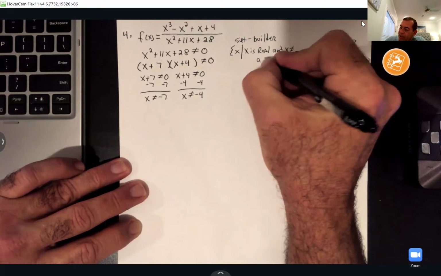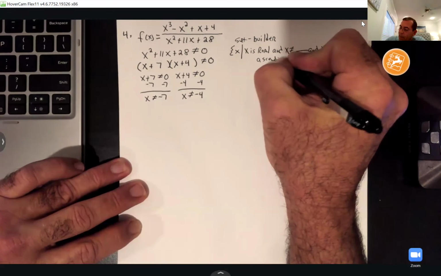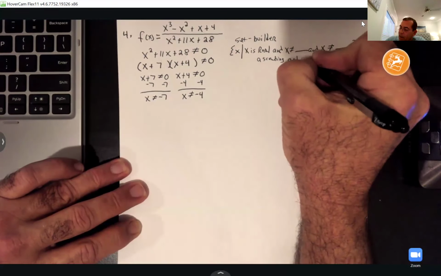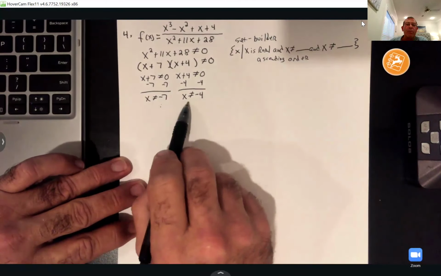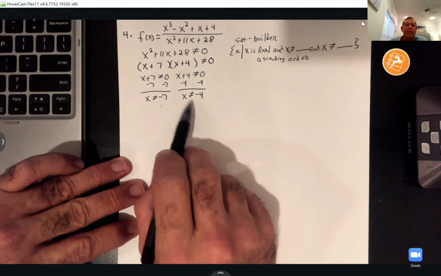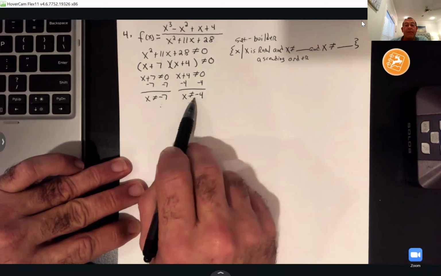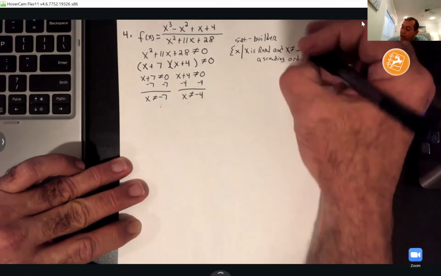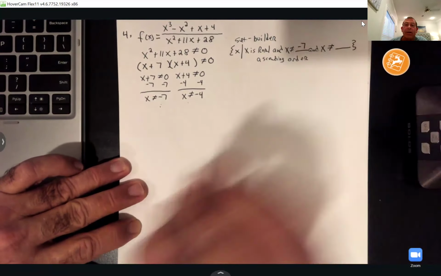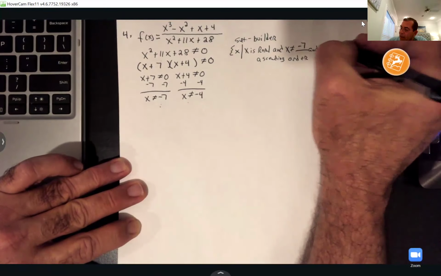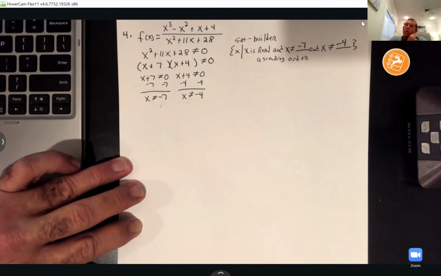And under it, it says ascending order. That means they want the smallest number first and then the next. So between negative 7 and 4, negative 7 is smaller. So you got to put it first and then your negative 4.